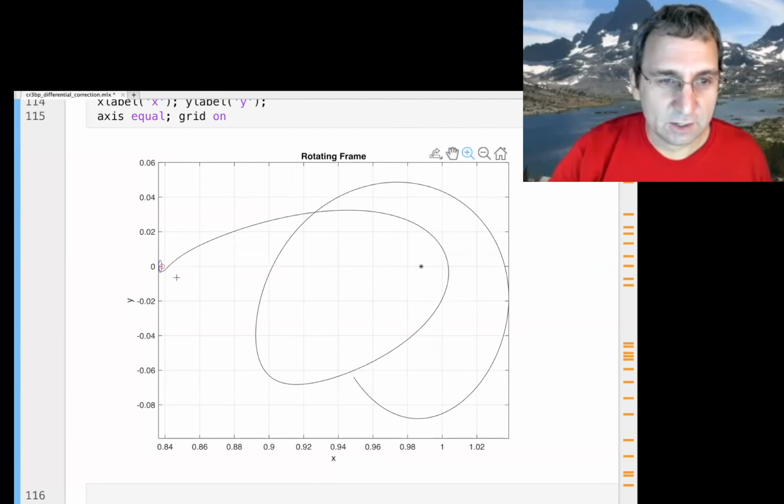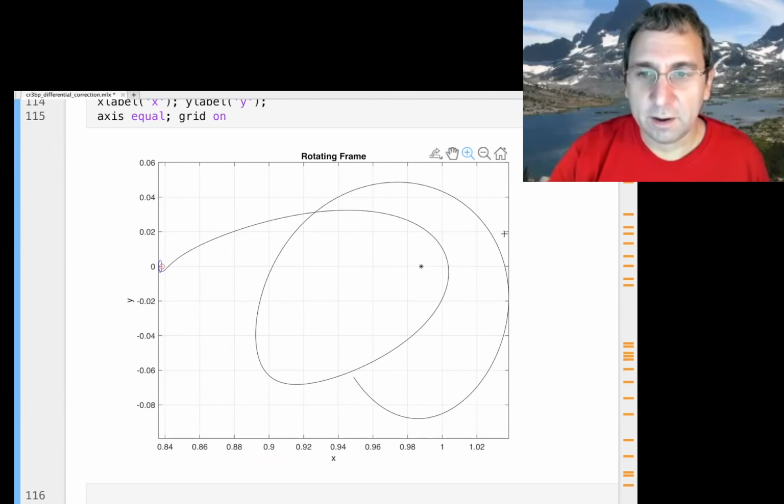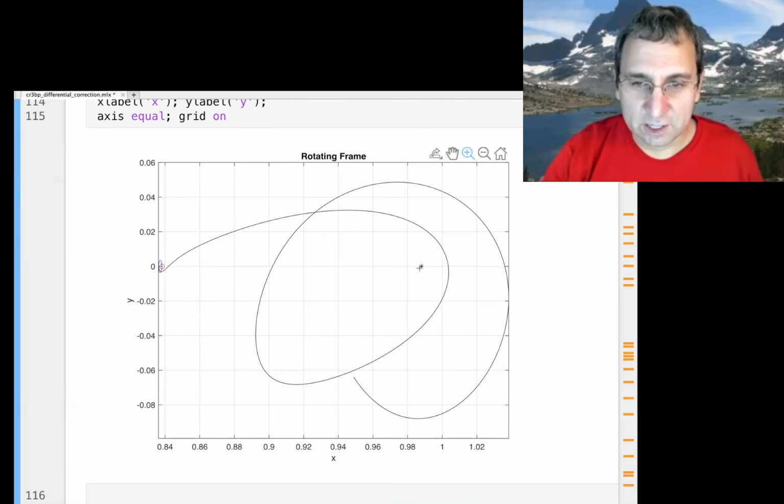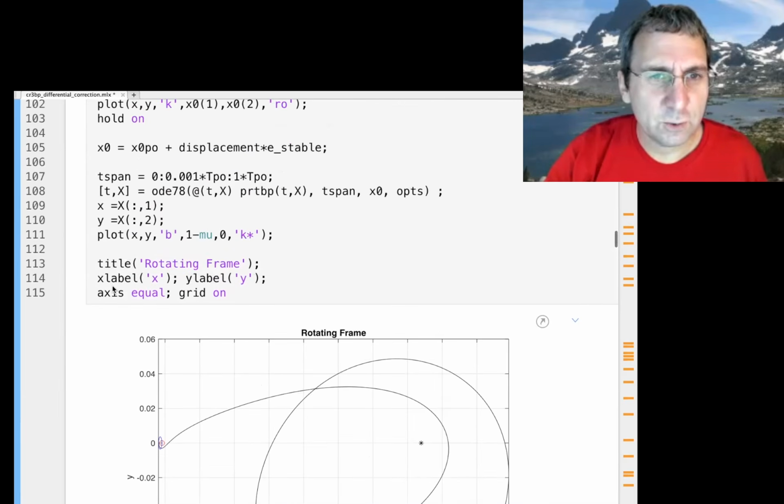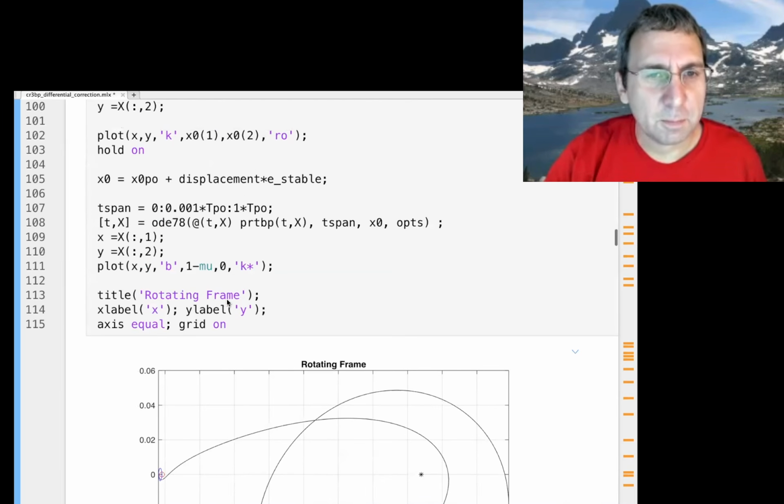And then zooming out, you could see once you get away from L1, you can have very large motion. This is where the moon is. I'm not really showing the radius of the moon, but I don't think this actually hits the moon. And I integrated this backwards for 2 periods of the periodic orbit.